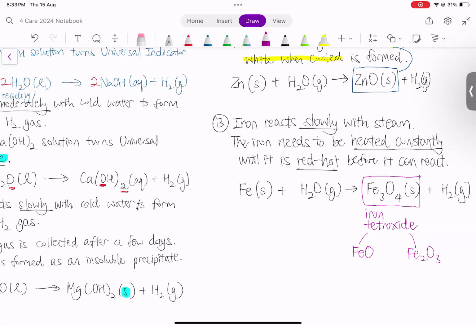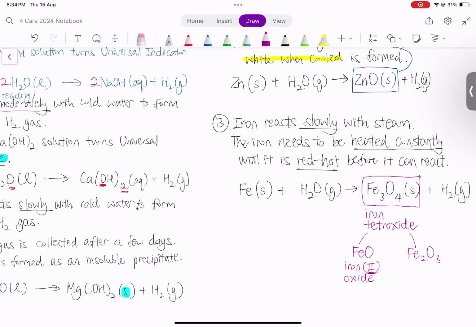Okay? Of course, FeO is iron 2 oxide. The 2 is important. Whenever we are asking you what is the cation, what is the iron compound, you need to say, oh, the cation is iron 2, or the compound is iron 2 oxide.